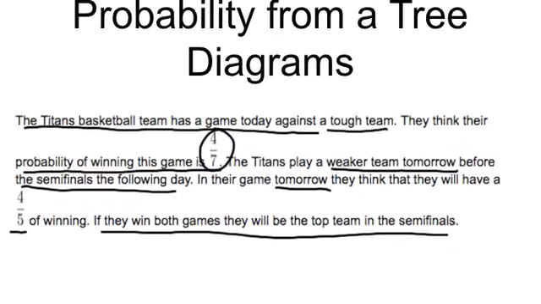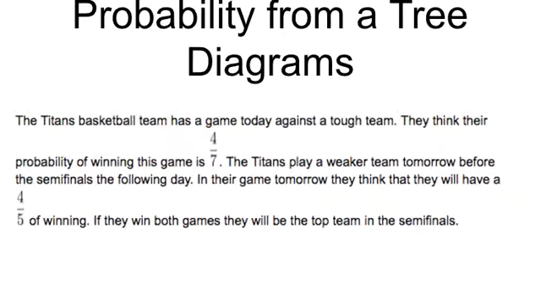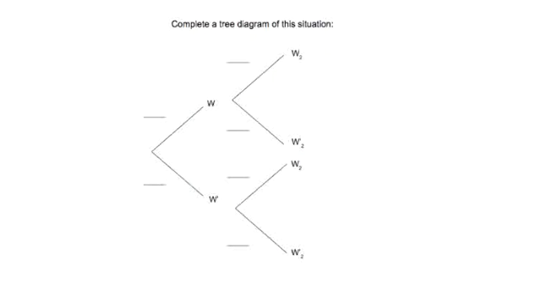And what we're going to be doing is using a tree diagram to help us figure out some probabilities of them making the top team in the semifinals. So this is a tree diagram, and this W right here stands for a win. And this W tick stands for a loss, because it would be the opposite of a win.